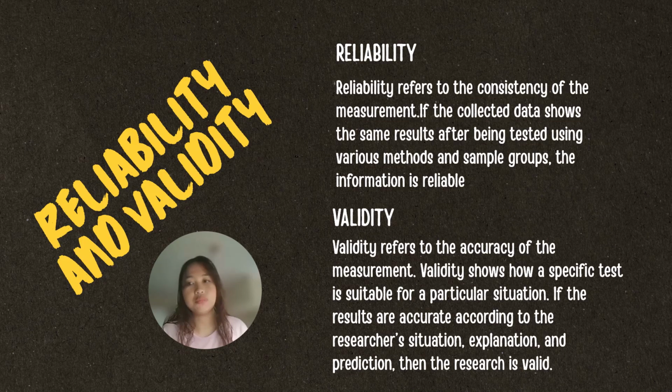This is if you are administering the same instrument to the same set of respondents. For example, say you let one of your respondents answer your survey, and he answered apple, and the next day you try again, and yet he answered grapes on the same item. It means that the instrument used in gathering data is questionable in its reliability.